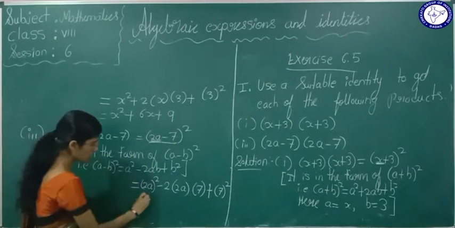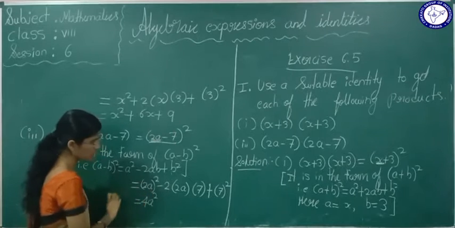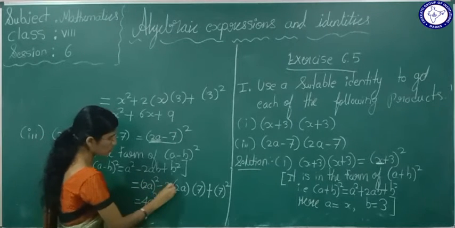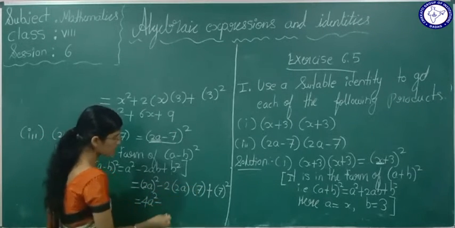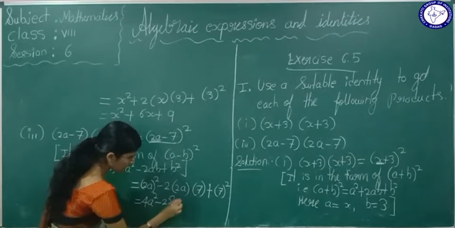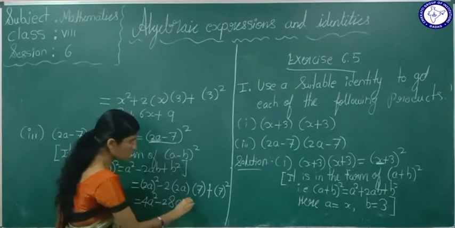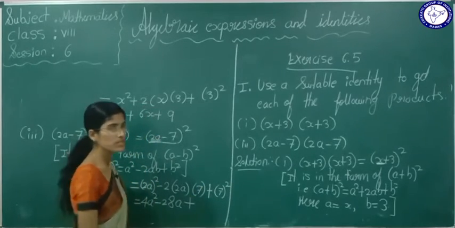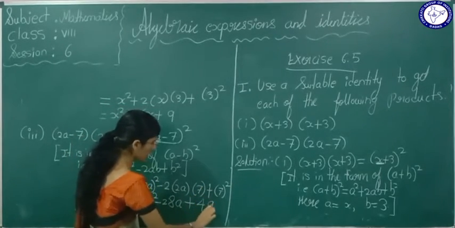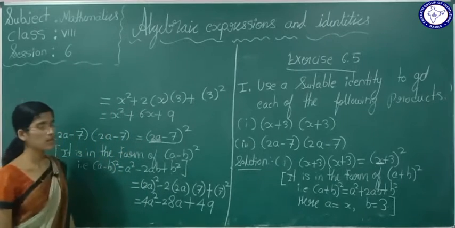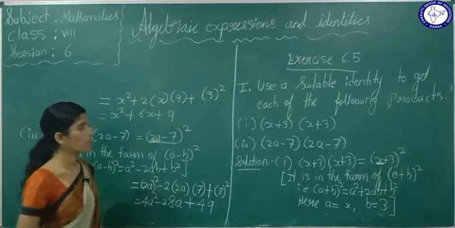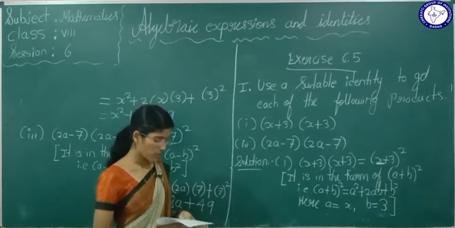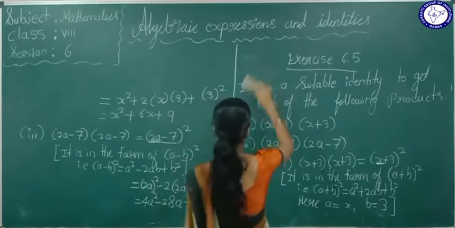It will be 4a square minus 2 2s are 4, 4 7s are 28, minus 28a, plus 7 7s is 49. So this is about the third problem. Now we will go for the second one.